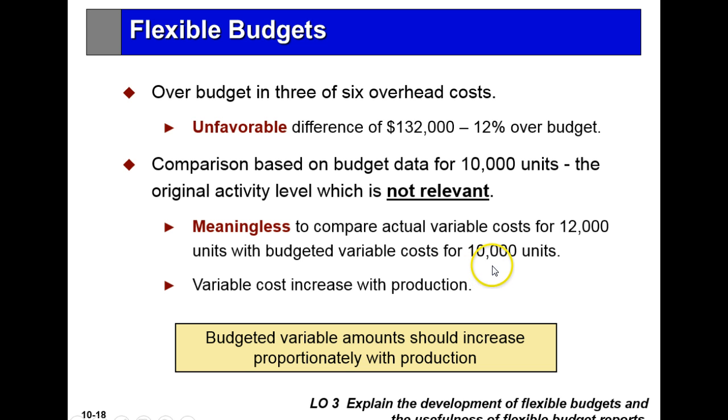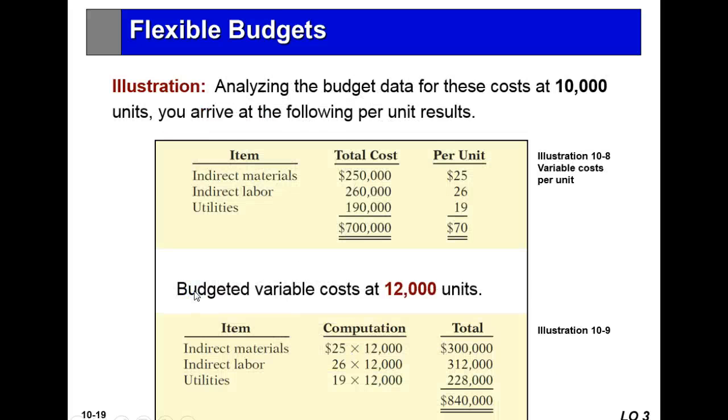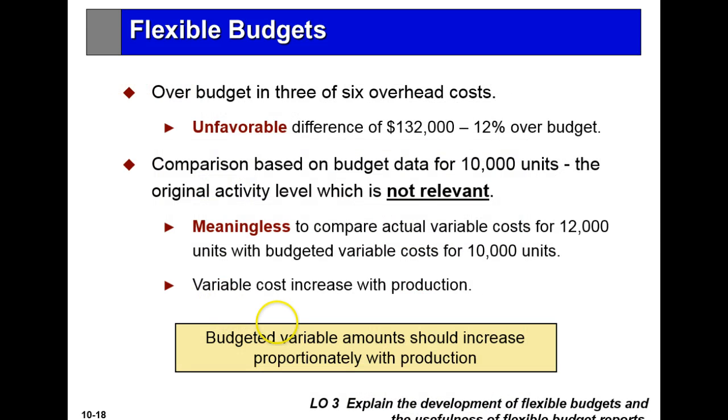They really don't apply because we produced more. So our variable costs that we were looking at, indirect materials, indirect labor, were all going up because we produced more. So it really isn't relevant if we can't compare activity level budgeted to activity level actual. So budgeted variable amounts need to increase proportionately with production.